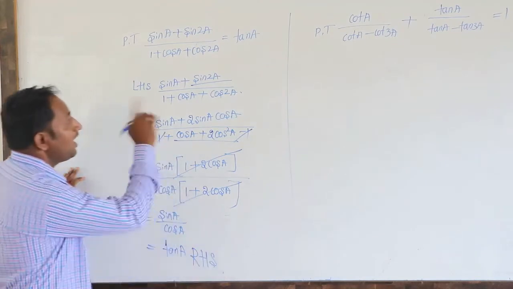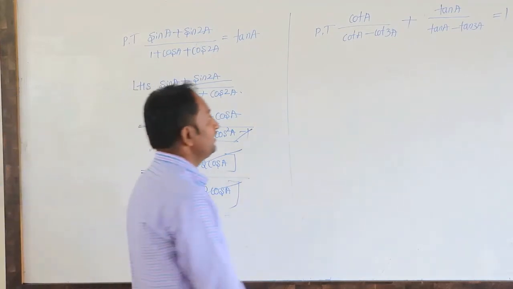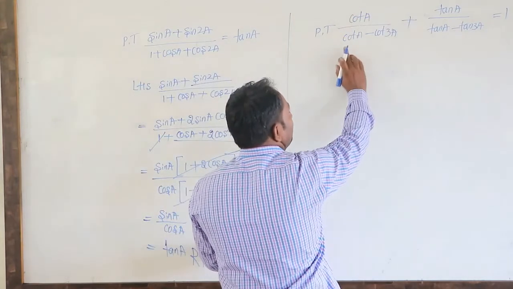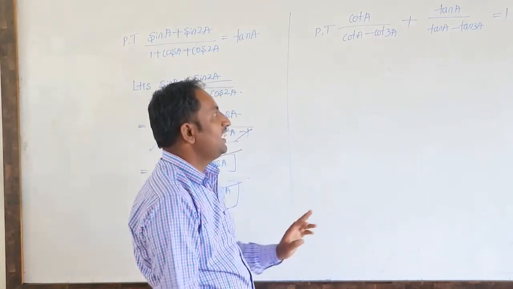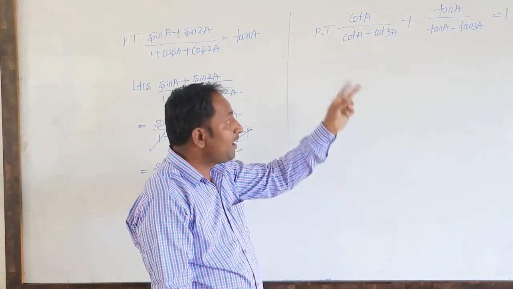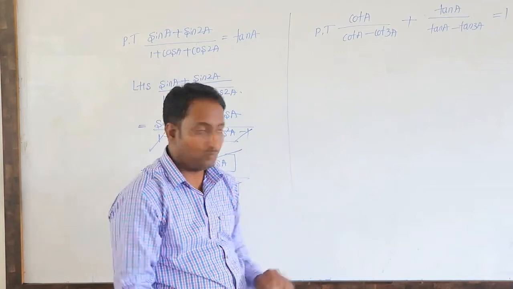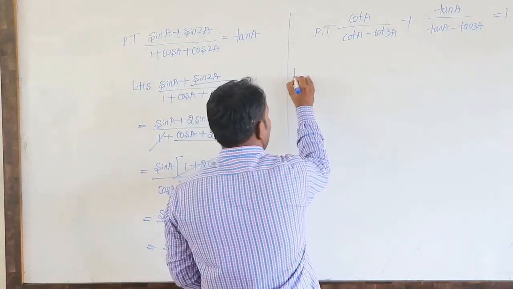Similarly, we can prove cot a divided by (cot a minus cot 3a) plus tan a divided by (tan a minus tan 3a) is equal to 1. Here take LHS.